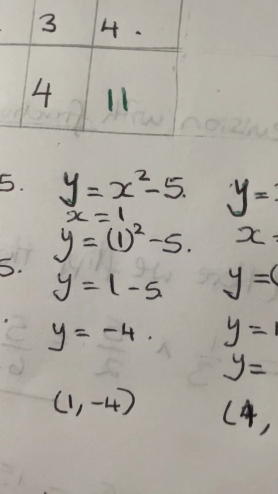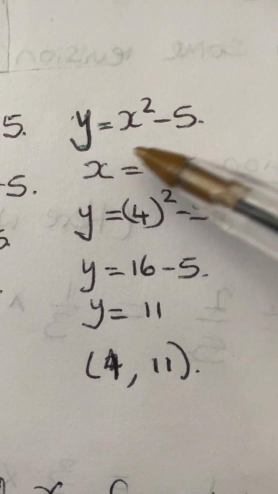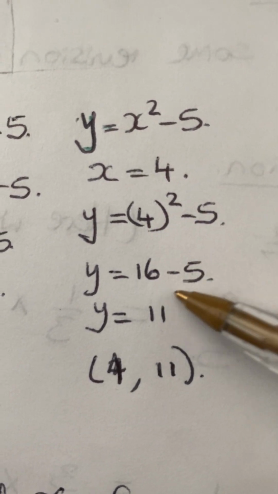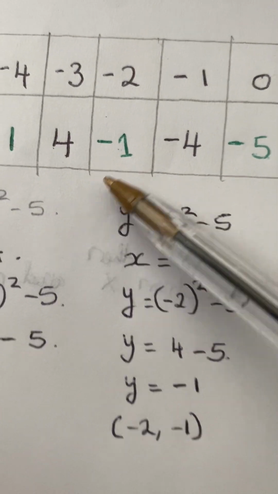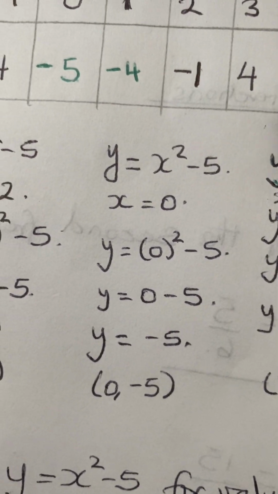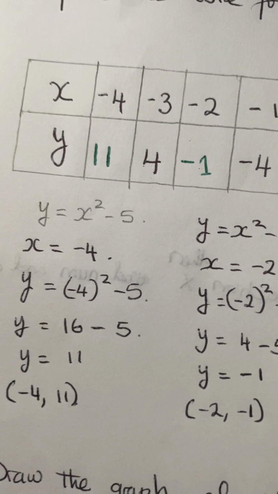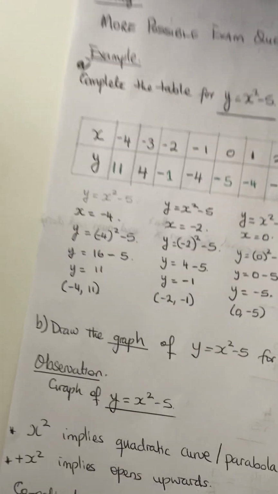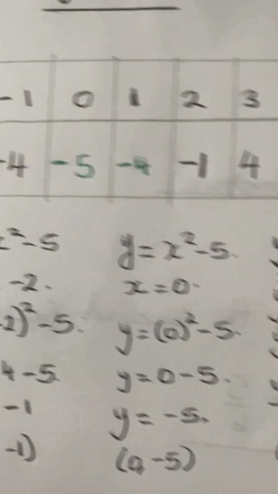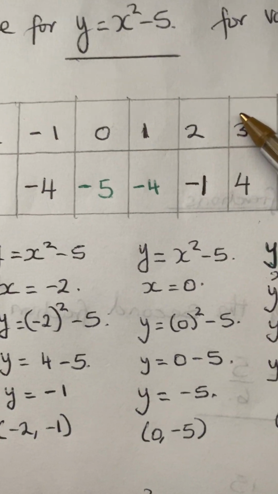So when x is 4, 4 squared is 16 minus 5 is 11. So there you go, 1, 2, 3, 4, 5. We found the points. That is all. So you've completed the table for whatever marks they will give you.